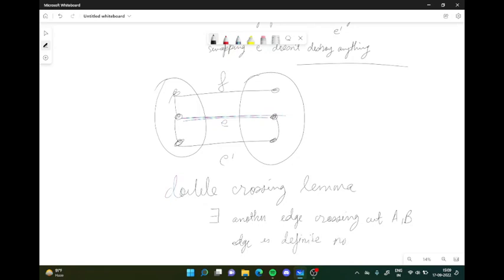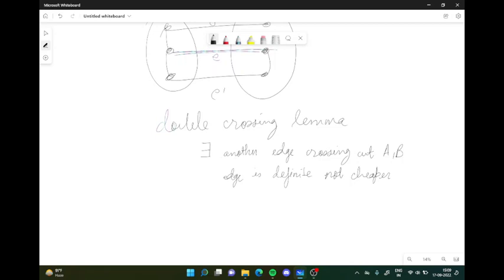That is, not cheaper than E because E was the cheapest edge. So let's just find whichever edge that is and remove it. By doing that, we have destroyed the cycle. We have restored its connectivity property, and it's a spanning tree which has a cost less than the cost of our original tree, which could have had E prime in it.